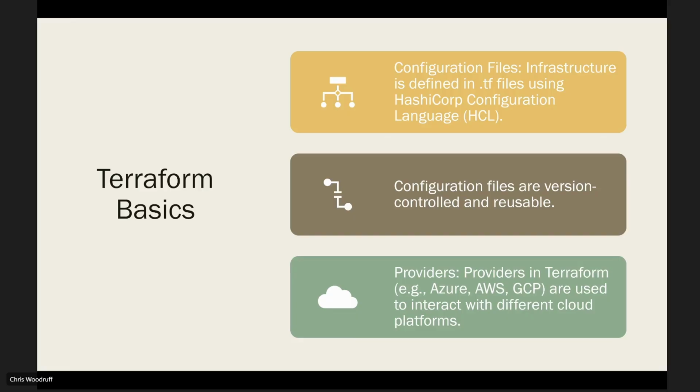So if you've ever seen .tf files in project files that other people have built, you're looking at Terraform HCL. You can version control them and reuse them, and they are good for building a solution across platforms. I can say, hey, I want to build this in AWS and this in Azure and set up connections between the two, and it's good for that.